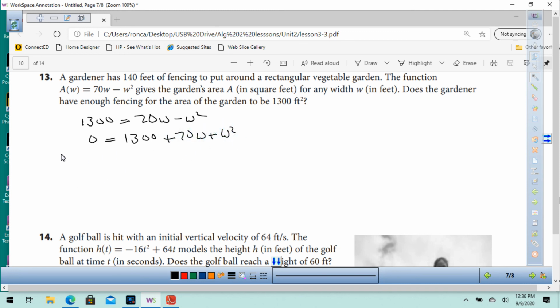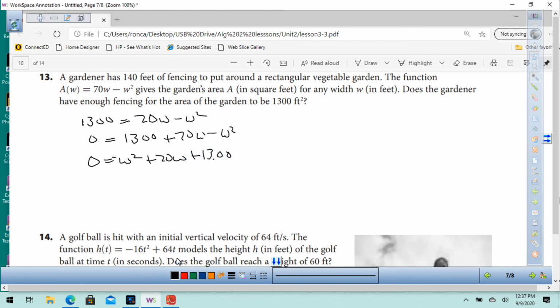Well, let's rewrite it in the correct form. Oh, that was supposed to be minus. So we got negative w squared plus 70w plus 1,300.